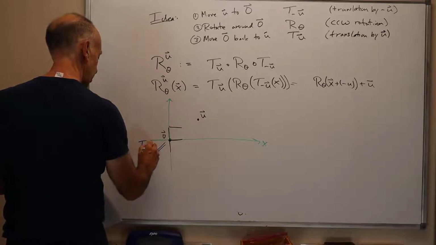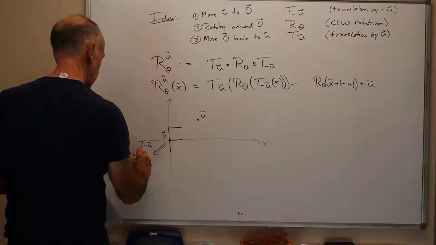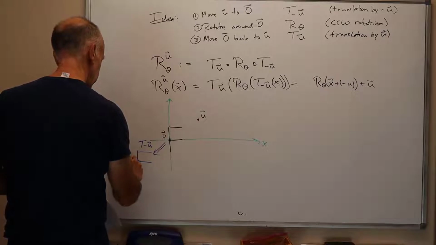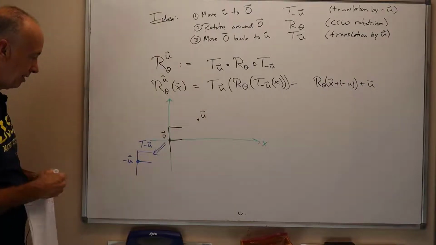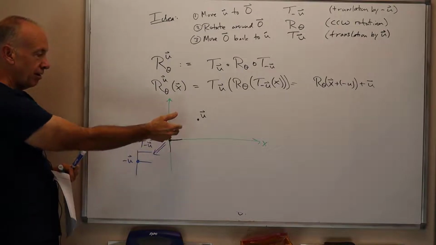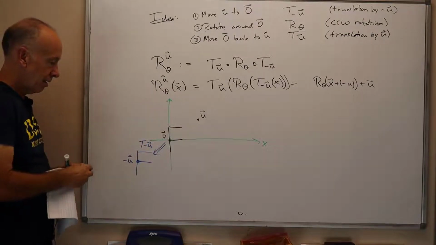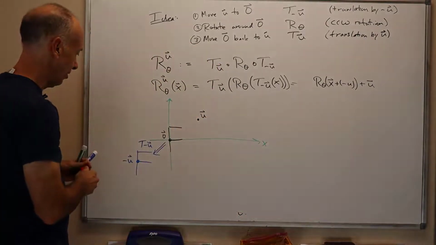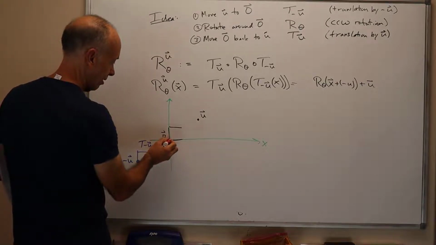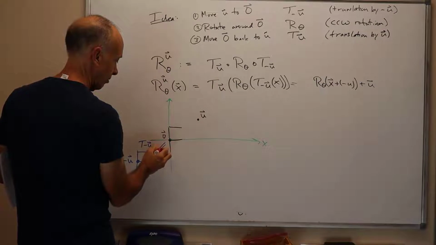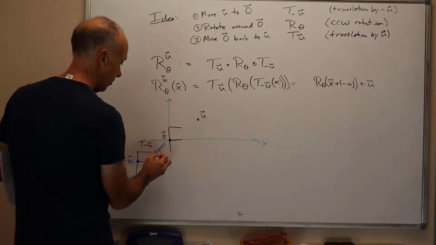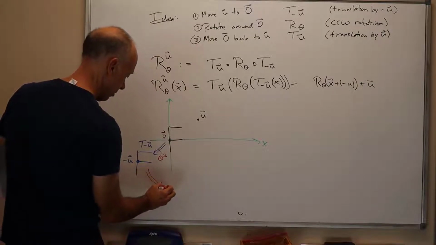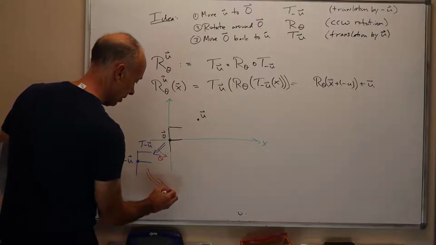T minus u is going to send the F to here, and here's the point minus u, which used to be the origin. So the translation by minus u has shifted the F down. Now we're going to rotate it. I'll use yet another color, red. Rotating through angle theta with r theta takes the F and rotates it to approximately here.